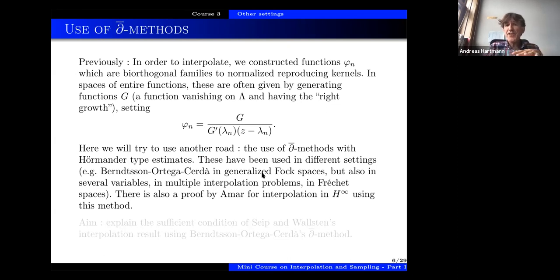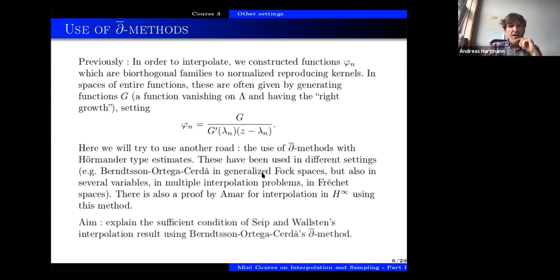I mentioned that there is a d-bar proof by Amar for interpolation in H infinity. I don't remember exactly which year it was. In fact, we want to try to show the sufficient part of the Seip-Wallstén result using this method.